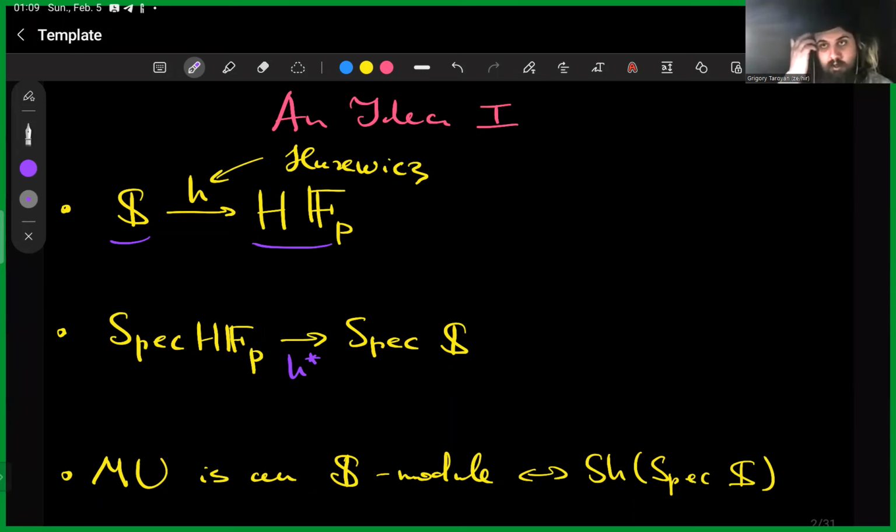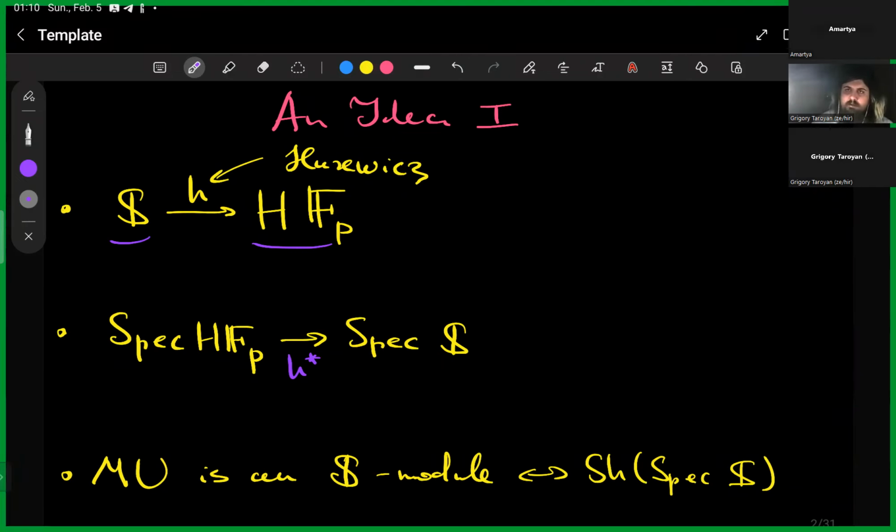I won't go into too much detail, but the idea is that if you have some kind of notion of descent, for example, a magnetic descent, then you can try to recover information about some object over something that you cover by using information about pullbacks of this object to elements of the covering.